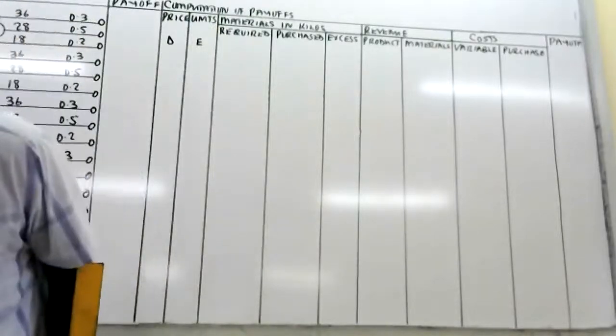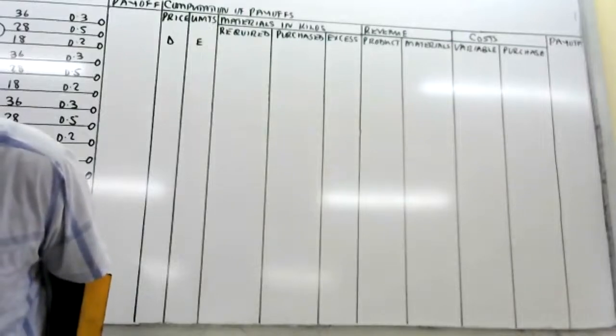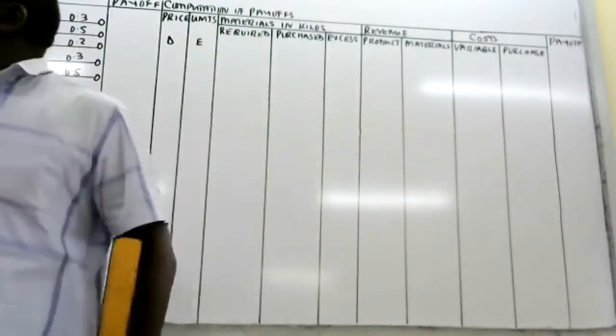Now, if you look at information number 1, it says that each unit requires 3 kilos of materials.